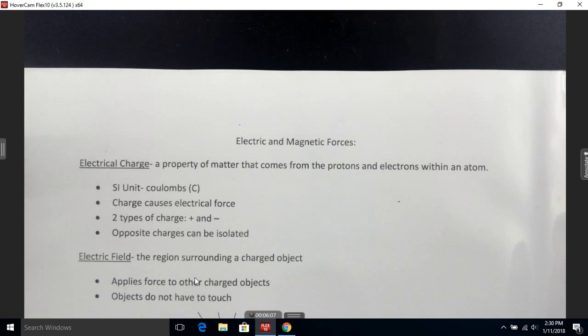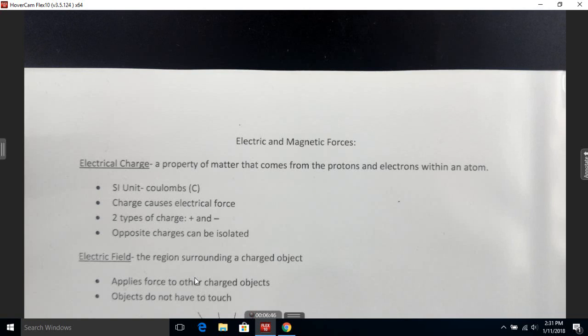A regular force, like if I put a force on you, I'm going to have to push you or pull you. That doesn't have to happen here. There can be no contact for the push or the pull. How weird is that? You could have contact, but you don't have to. These will put the force no matter what.